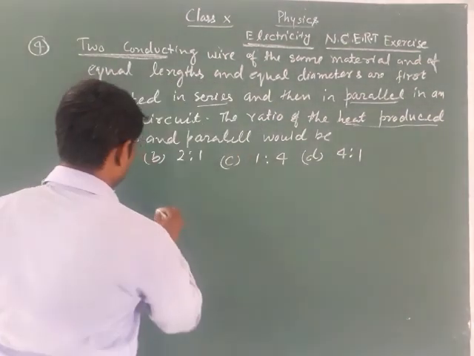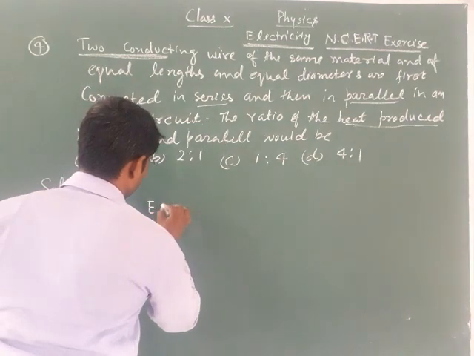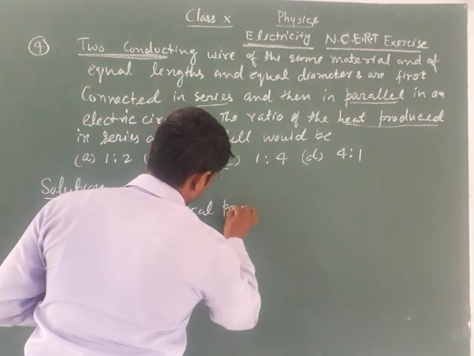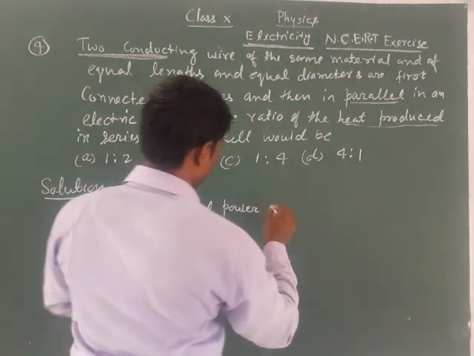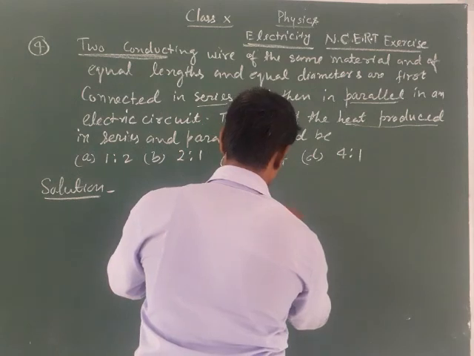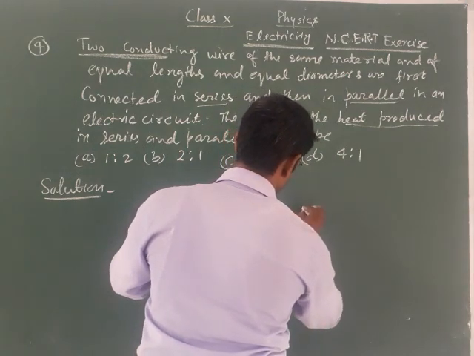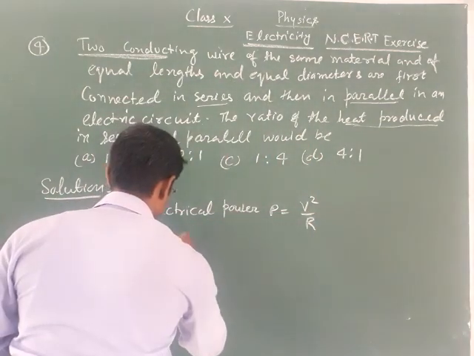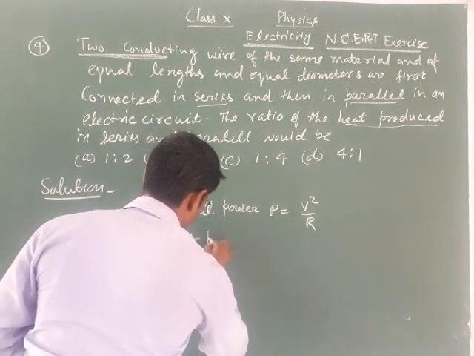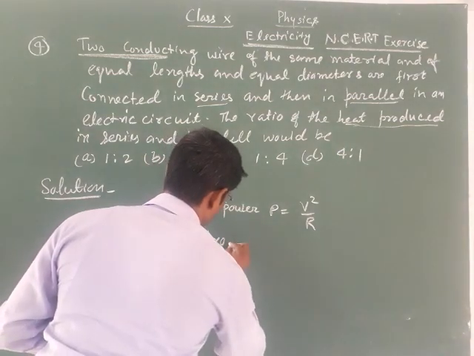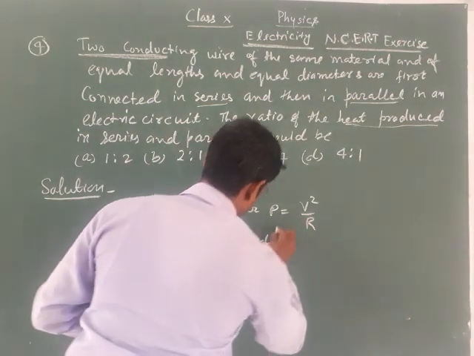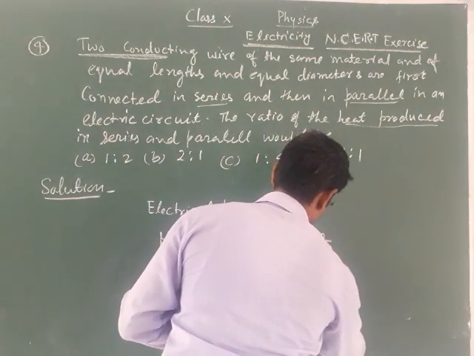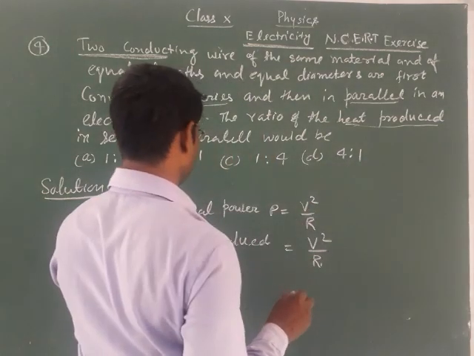Now electrical power P is equal to V square by R, and heat produced is also V square by R. These are the same.